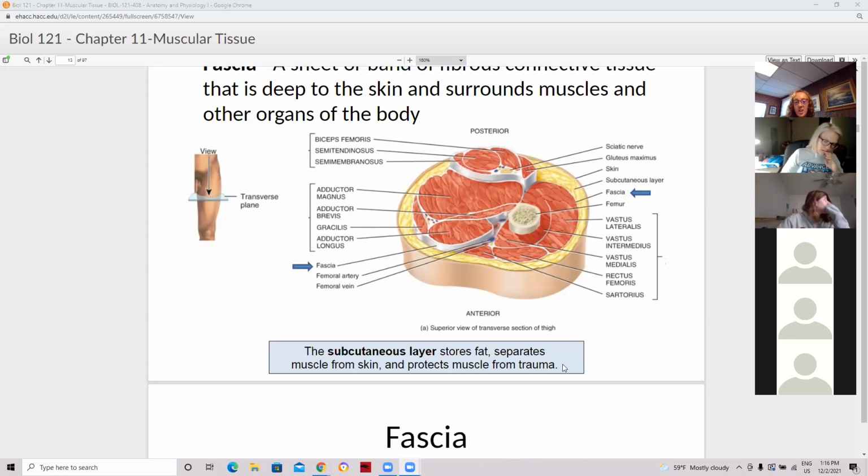You've seen the little tiny pieces of connective tissue that you can pull off, like the skin of chicken. There's also a subcutaneous layer that stores fat and separates the muscle from skin, protecting it from trauma.